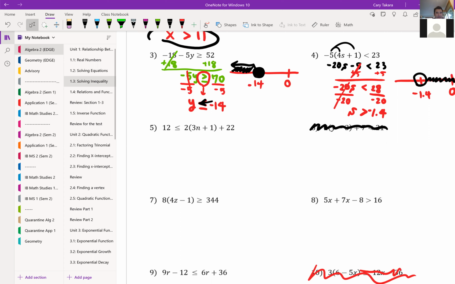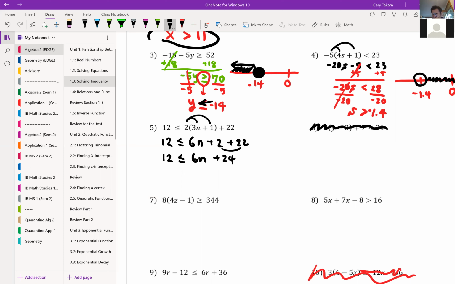Okay, let's work on number 5. So distribute: 6n plus 2 and plus 22. Okay, so 6n plus, let's combine that together, 24.